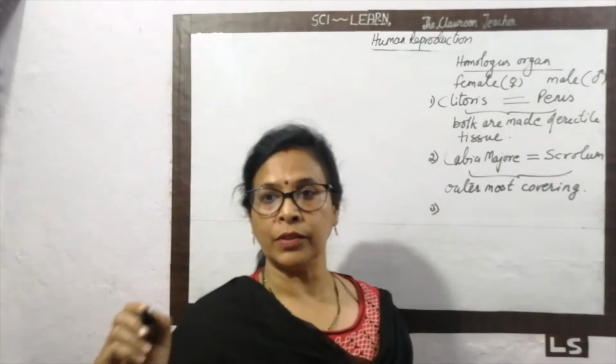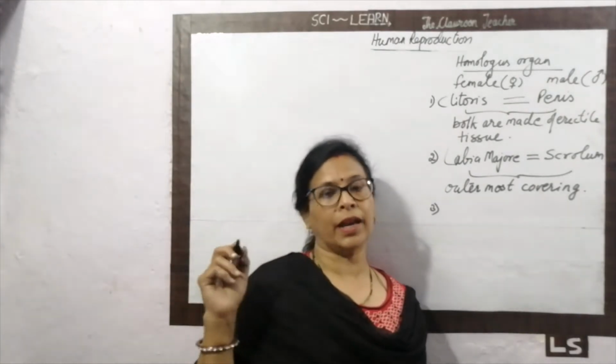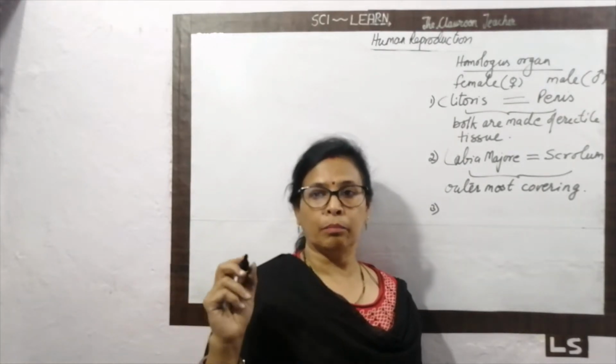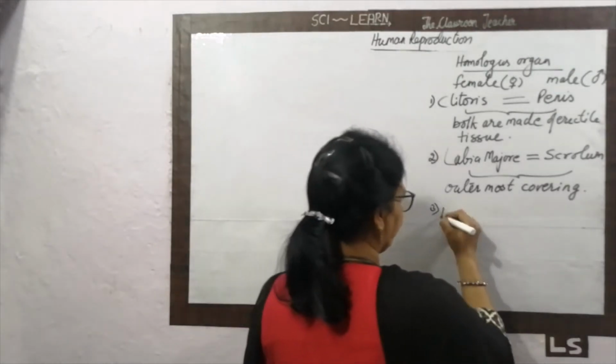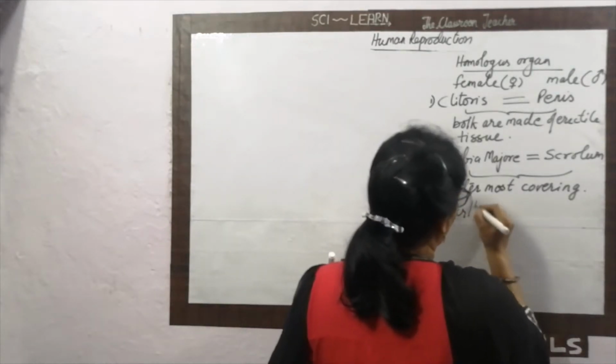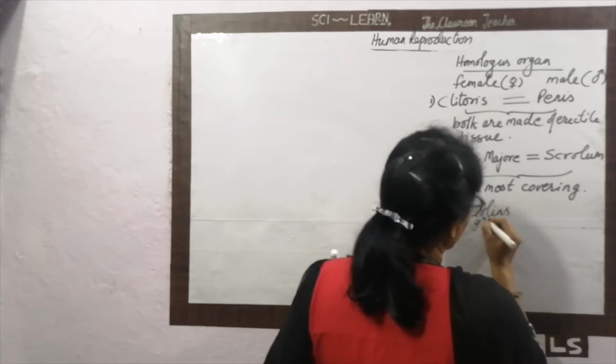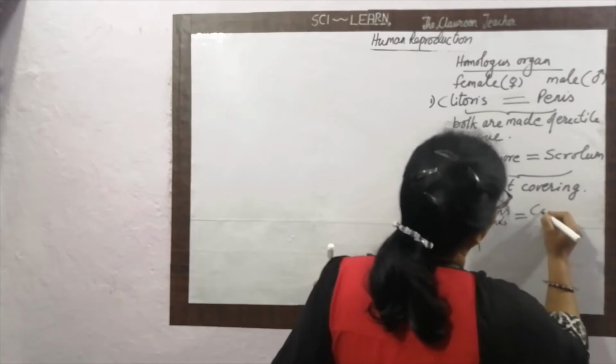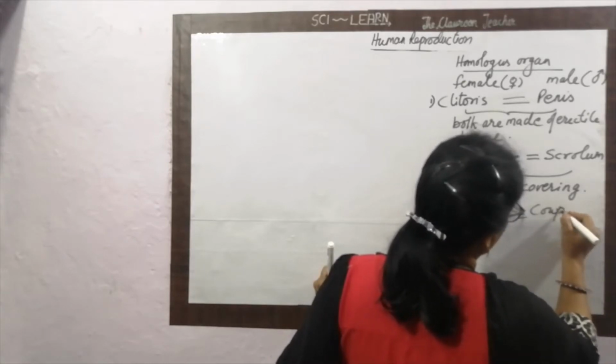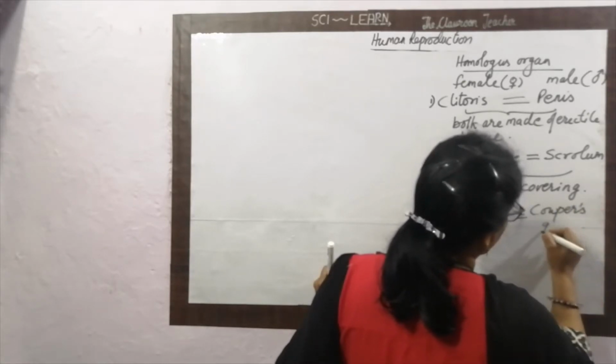Third important part which is common in both male and female is the Bartholin's gland. In the female, Bartholin's gland is present, and in the male, Cowper's gland is present.